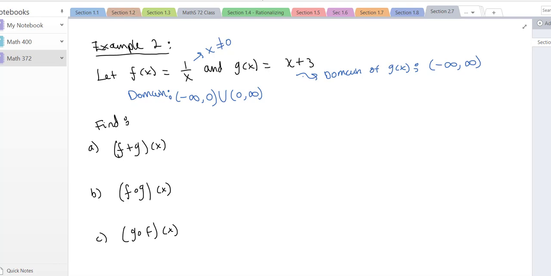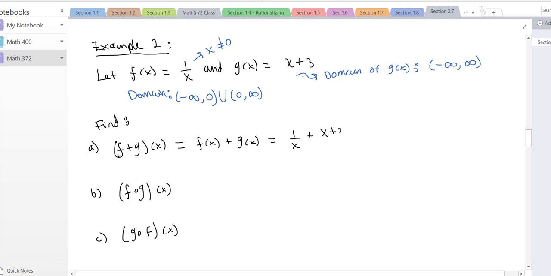So when we go find the sum of the functions, f plus g of x means f of x plus g of x. So I'm going to have 1 over x plus g of x, x plus 3. And so we can think of this as over 1 and get a common denominator.